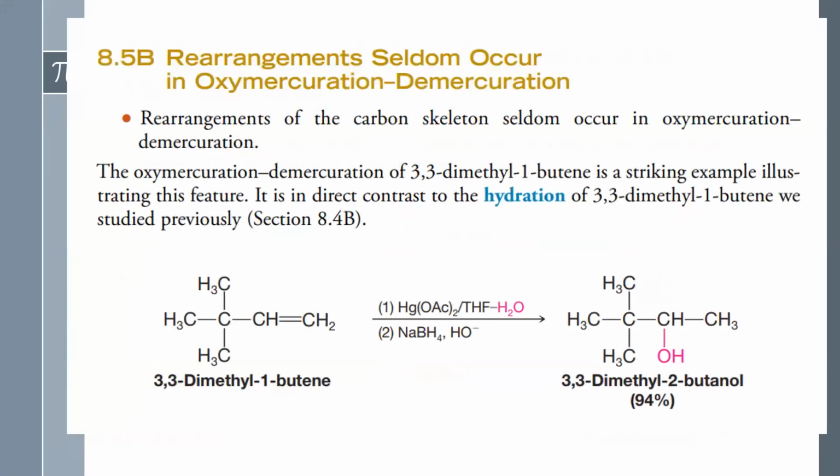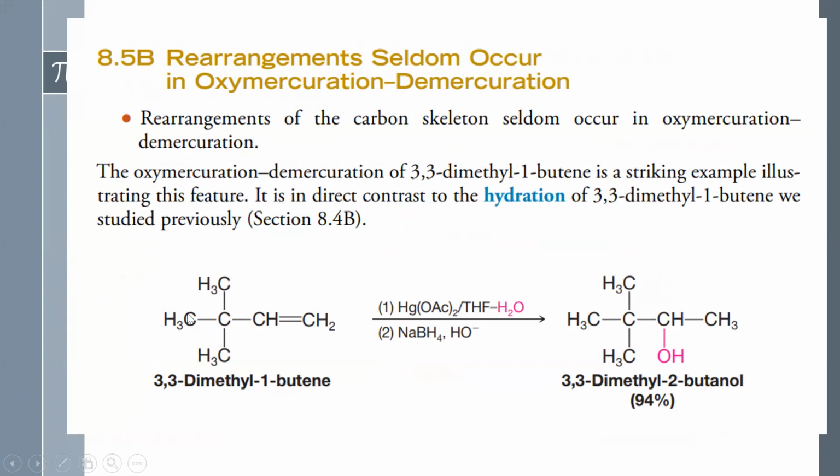Unlike the hydrogen halide addition, water addition, and alcohol addition in the presence of acid to your alkene, where there is a possibility of rearrangement, rearrangement of the carbon skeleton seldom occurs in oxymercuration.